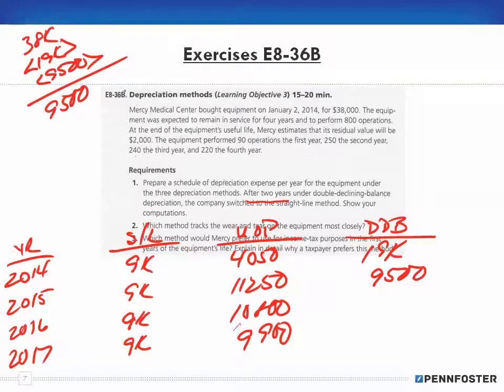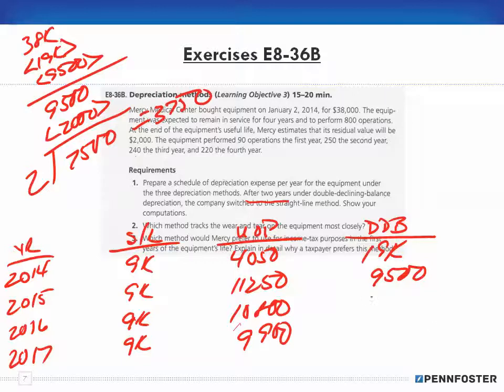And now we're going to switch to straight line, so we have to subtract out our 2,000 for our residual value, which gives me 7,500, and I'm going to divide that by 2 years, okay? Which means that I have 3,750 for the remaining 2 years, okay?